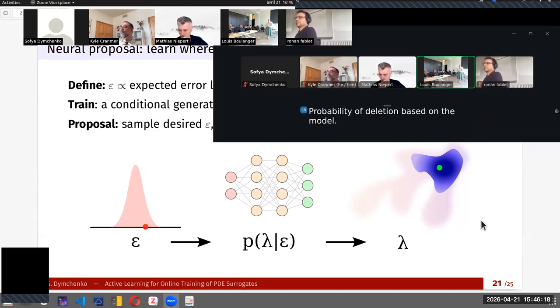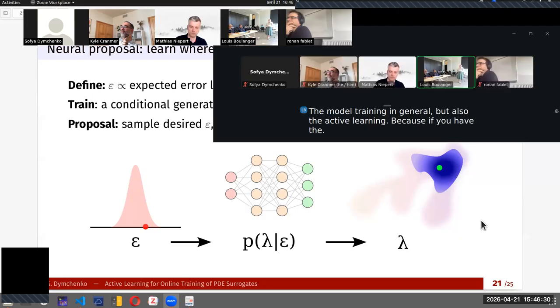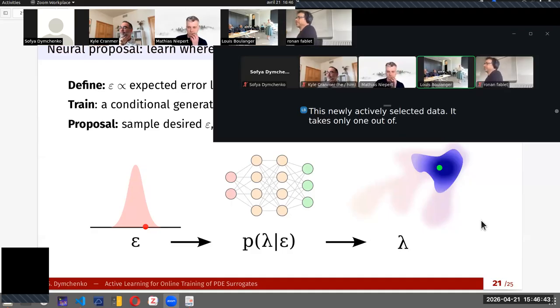The buffer size also affects the model training in general, and the active learning too, because if the buffer is too big, say 500, and you receive newly actively selected data one by one, it takes only 1 out of 500 as actively selected.